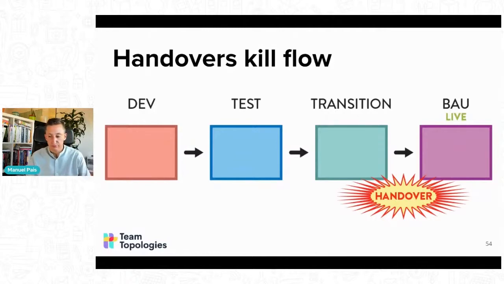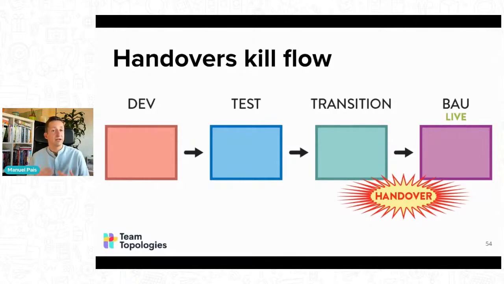In traditional ways of developing software, waterfall obviously, but even Scrumfall and these halfway approaches to Agile, what we tend to see is that we have handovers in the life cycle of the services, of the software.